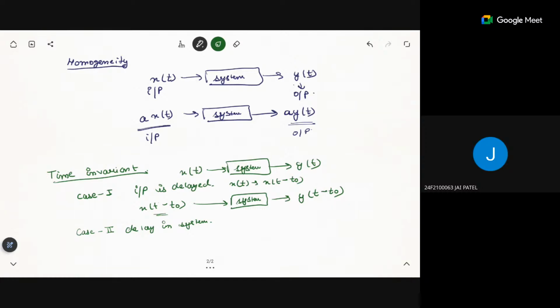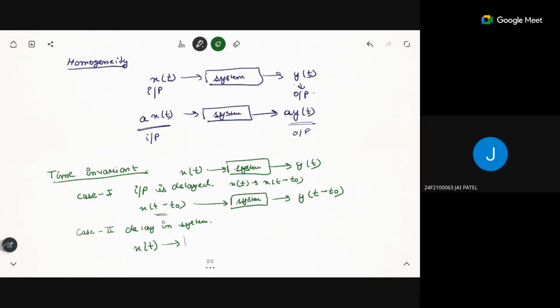Okay. So here what I'm doing is, delay in the system means I'm taking the input as xt only. So this is my input. Now it's going to the system.